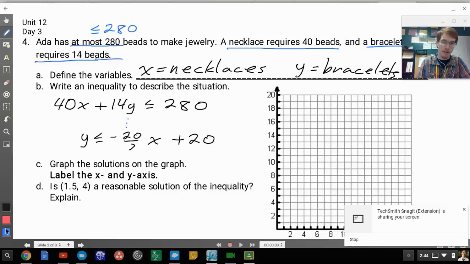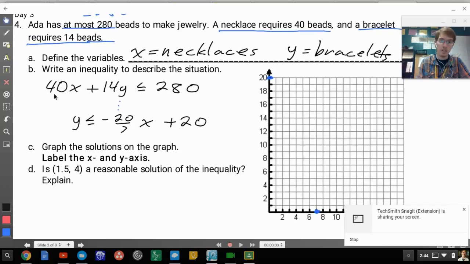So my graph would start at 20 and go down 20 over 7. Coincidentally, if I just divided by 40 on both sides, I would get 7 for the necklaces and 20 for the bracelets. So this works out the same way as the other ones. I just rearranged to get y by itself, and it works out exactly the same.